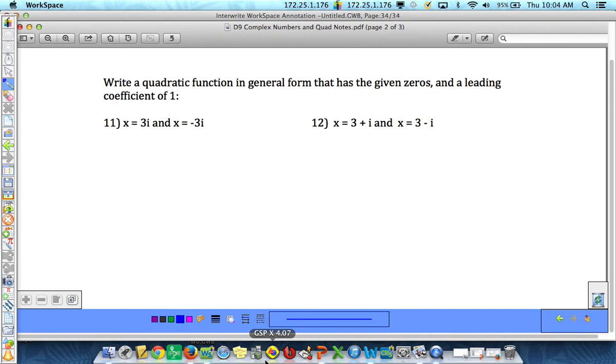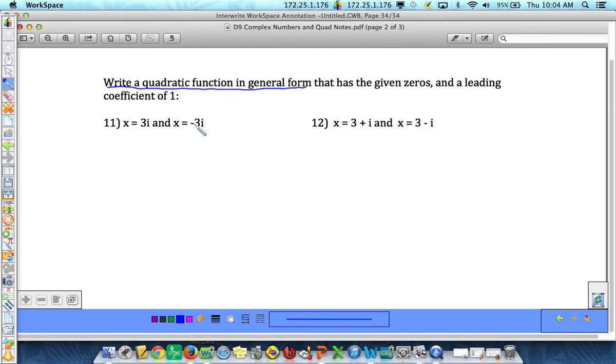So sometimes you will be given answers, the solutions, and we want to know what was the equation that gave us those solutions. These are our given zeros or our given solutions, and they're asking us to write a quadratic function in general form that would have these solutions. So we want to work backwards to get our equations.